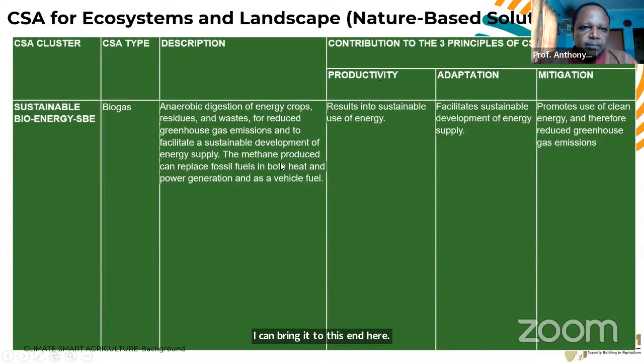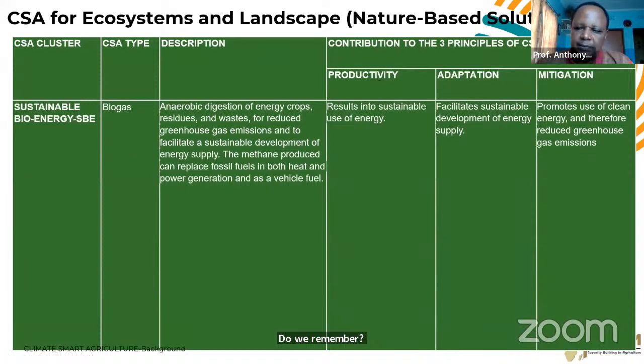So the methane produced can replace fossil fuels in both heat and power generation, and also as a vehicle fuel. Those are some of the sustainable bioenergy practices. That's the cluster type where we have biogas. Do we remember any of the other clusters? Anybody?